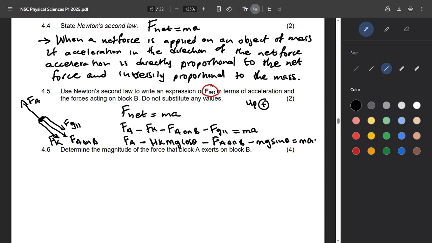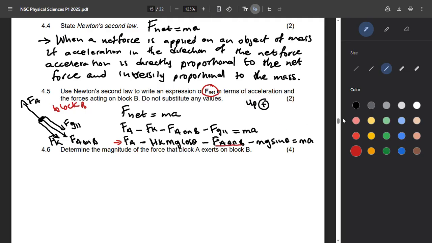You don't have to go far because already we have this thing here. Remember, this free body diagram is for what? This free body diagram is for block B. So I'm going to use this expression to find this force.